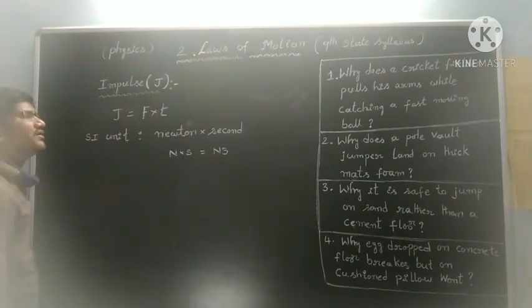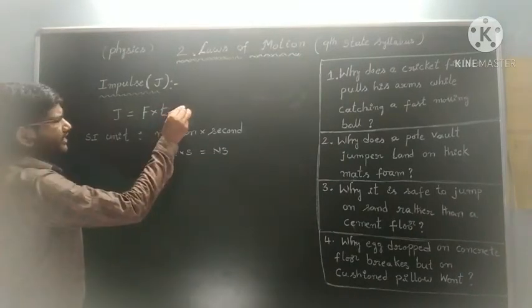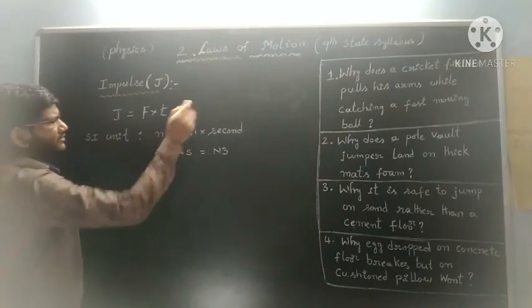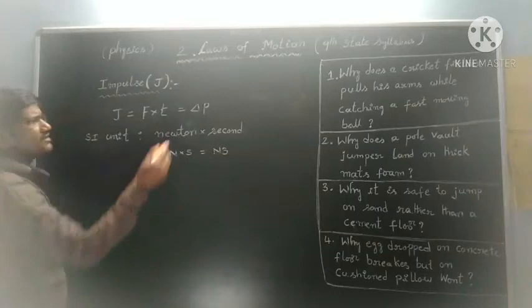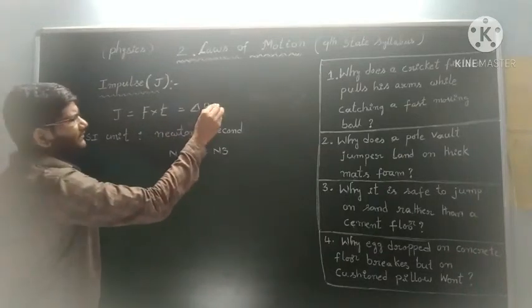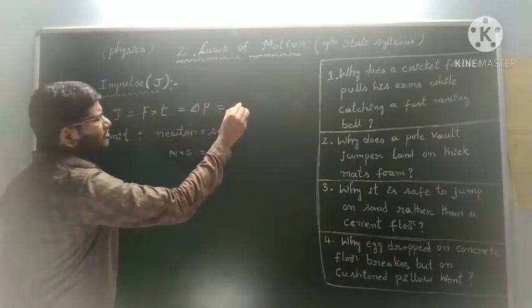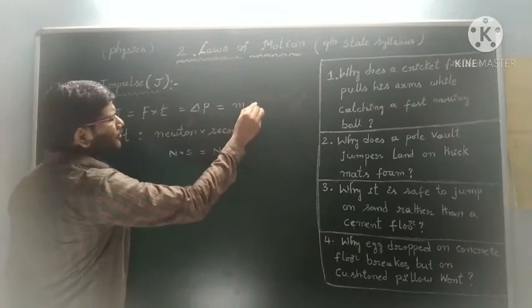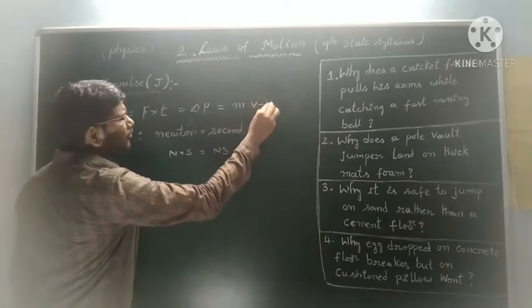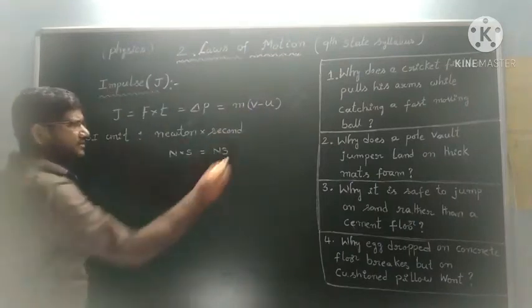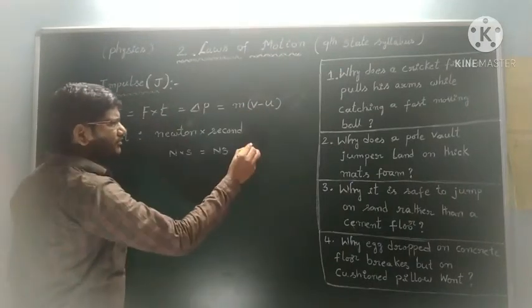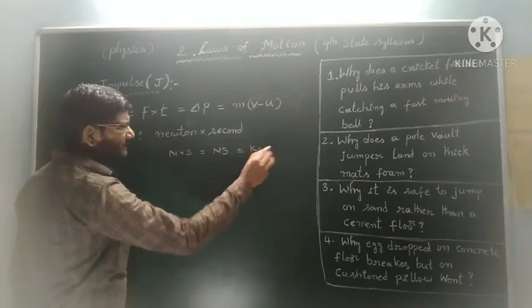Otherwise, we can write this as delta P, force into time means we will get delta P. The delta P means what do you write, children? m into v minus u, or mv minus mu. Mass unit, you write kilogram.